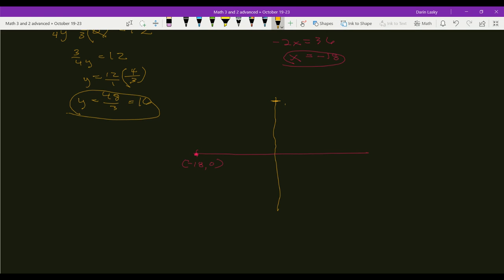And so we're going to go up to 0 x value. We're going to go up to 0 and 16. And that is going to give us our other point here.